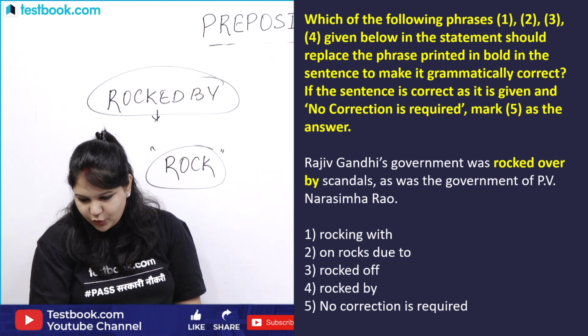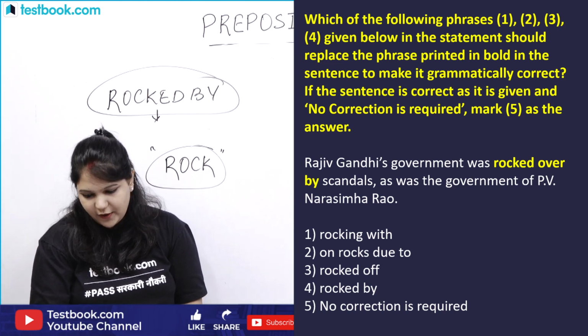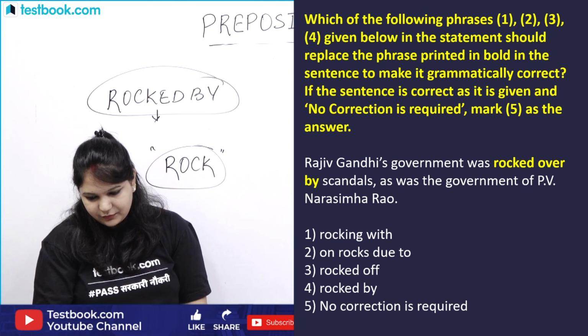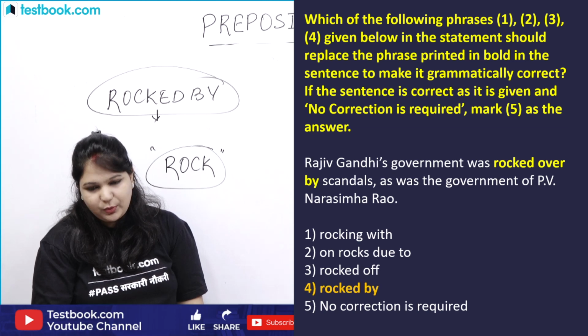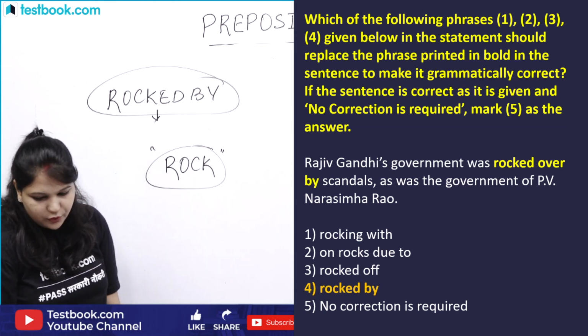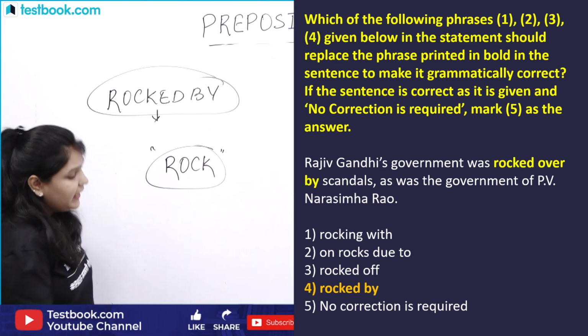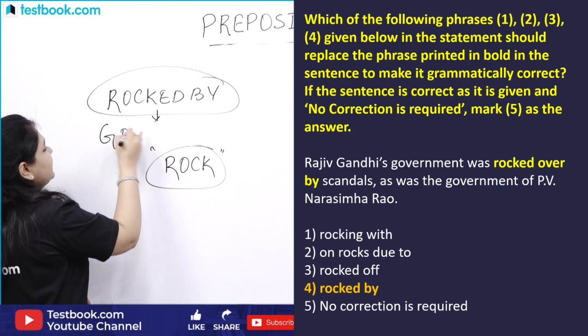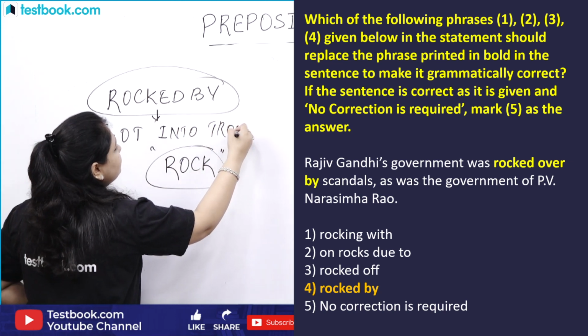Okay. Don't worry, Ashu, if you are not aware of this phrase, we'll do it right now. So the next slide will be highlighting the answer for this question. All of you who were saying option number 4, that is rocked by, that's the right one. This rocked by means something got into trouble.